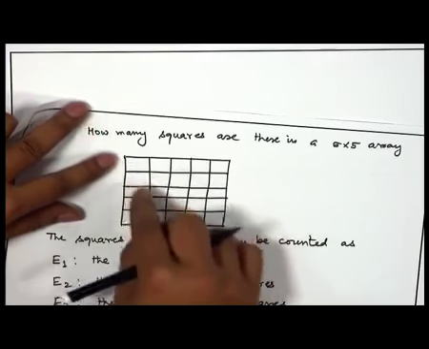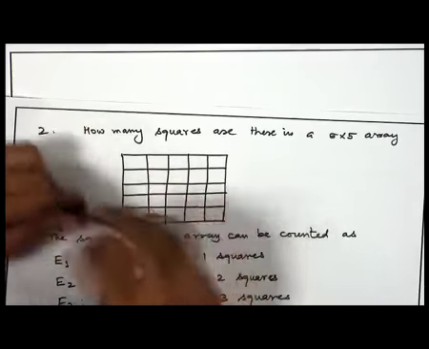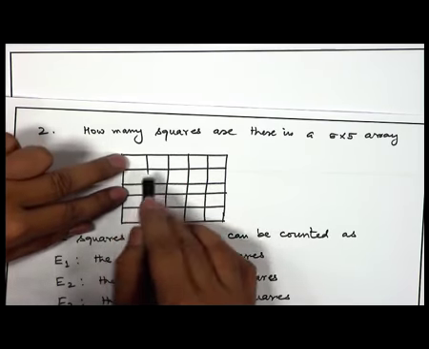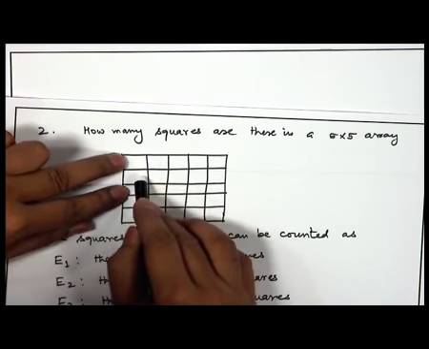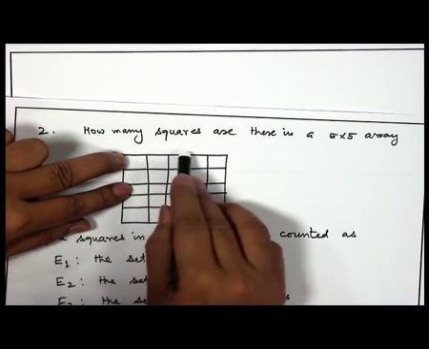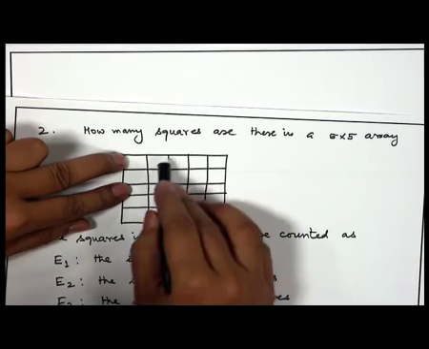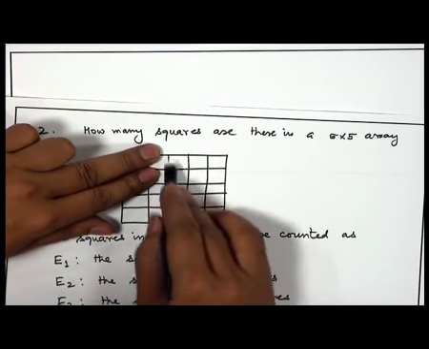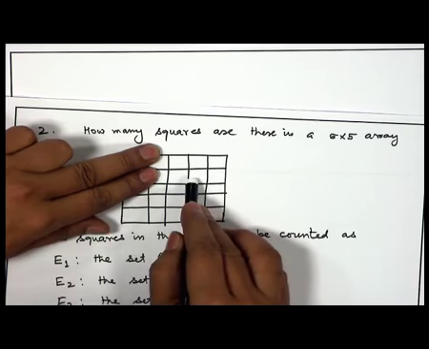So, if you look at the method of counting here, let us see. We can consider this as a 2 by 2 square, and then if I leave the first column and I move to the next one, then I have another 2 by 2 here. Similarly, if I leave the first two and go to the third and fourth, then again this is a 2 by 2.